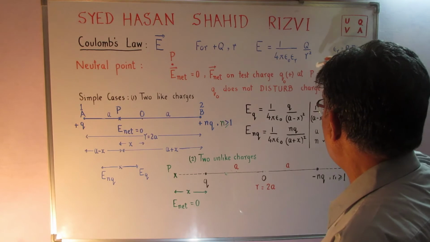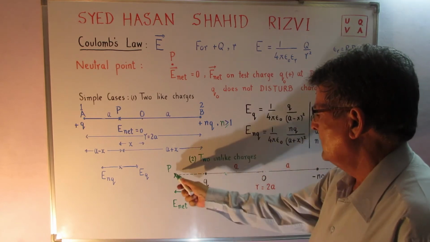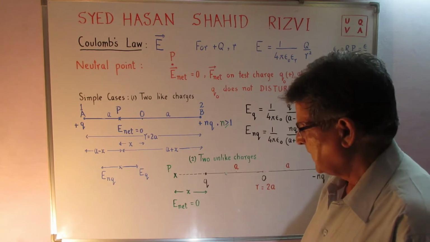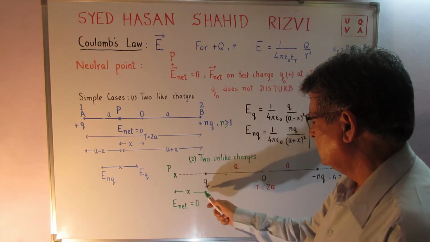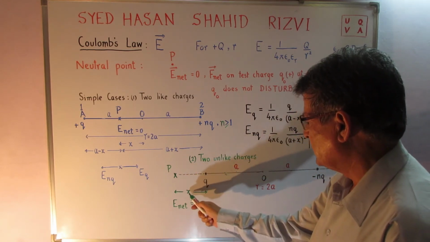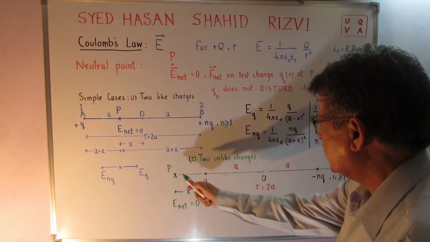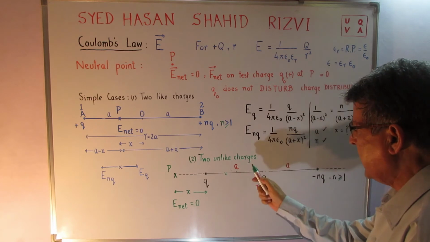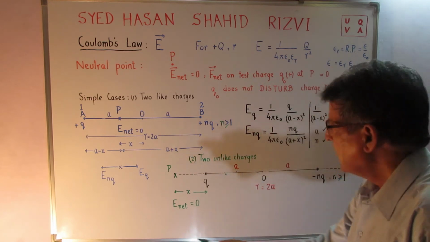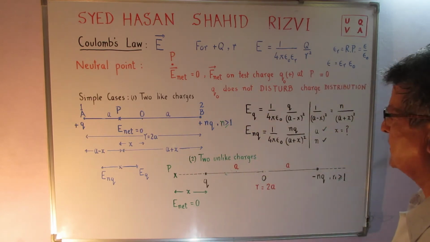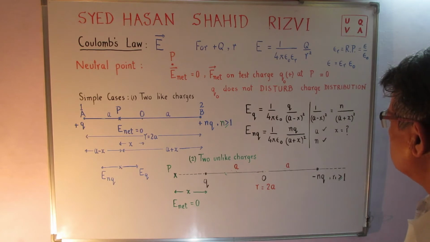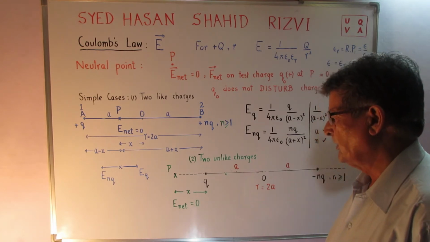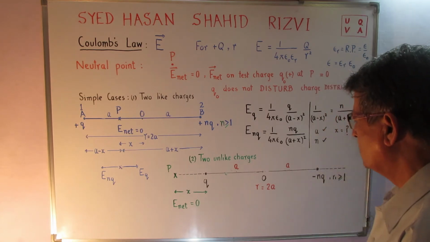So this 1 upon r square factor will tell us that it is located somewhere. In a similar fashion, if I take the distance from this point to this point as x, then the distance from this to this point will become a plus x. And we can write similar equations, and because A and N are known to us, it should be possible for us to find out the value.